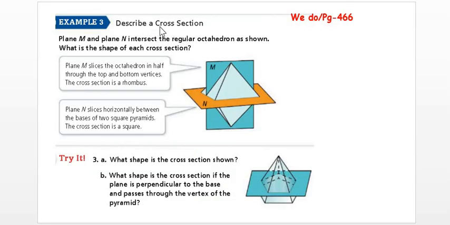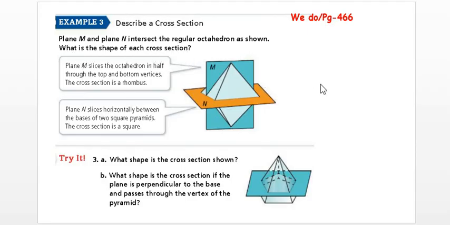Now let's discuss what a cross section is. As you can see here, we have been given an octahedron, and 2 planes are passing through it. One is blue and the other is orange. Plane M and plane N intersect the regular octahedron as shown. What is the shape of each cross section?